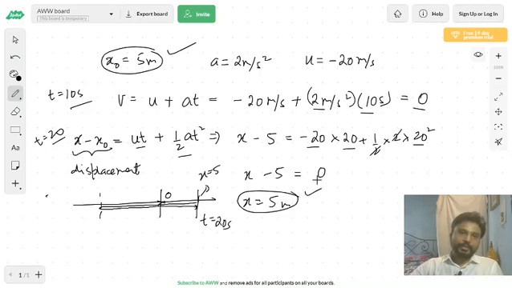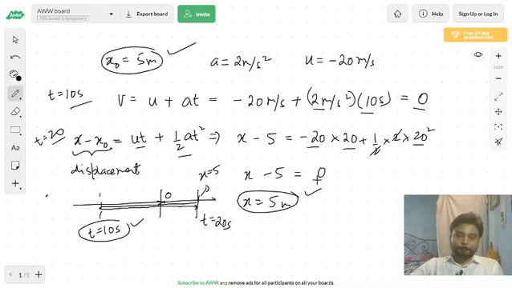When it turned, the time was t equal to 10 seconds. So this is the big idea which we learned, that the particle is moving in a certain direction, it slowed down, it stopped, its velocity became 0, and after some time it came back to the point where it started from.